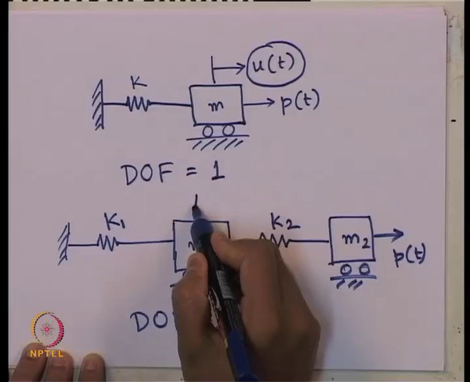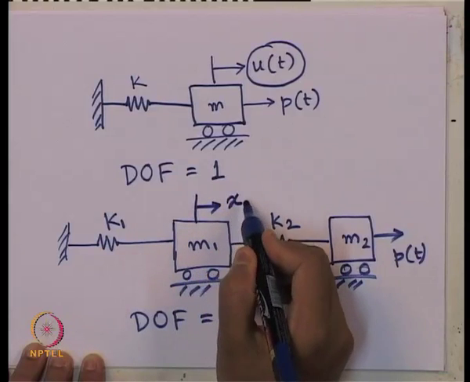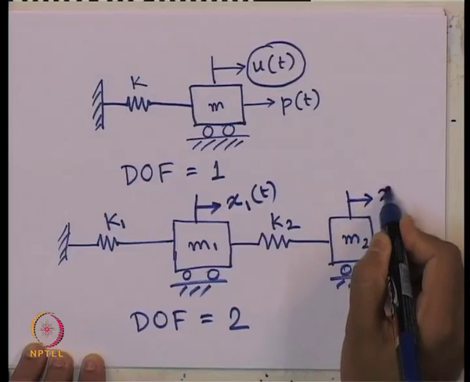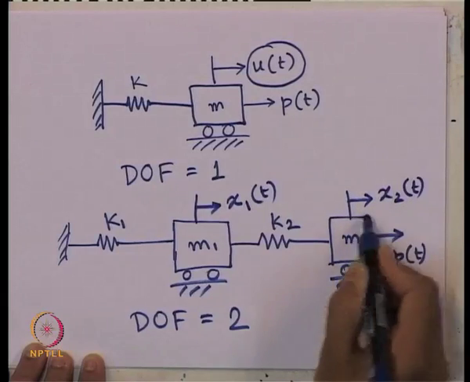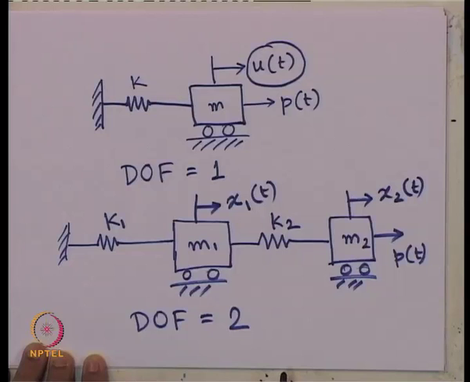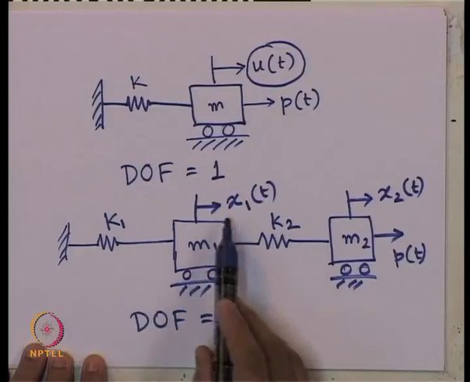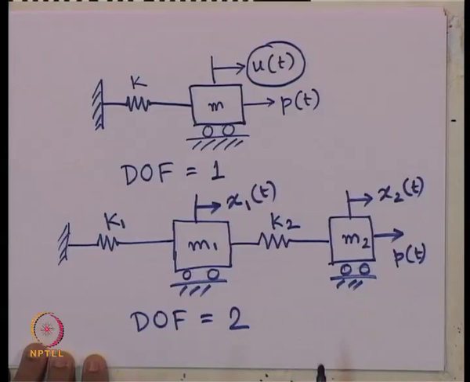Because at any point of time this displacement say x 1 of t and this displacement say x 2 of t, these two are independent parameters or independent coordinates which we require to define the system at any point of time, because they are connected through this spring. So, x 1 and x 2 will not be the same.